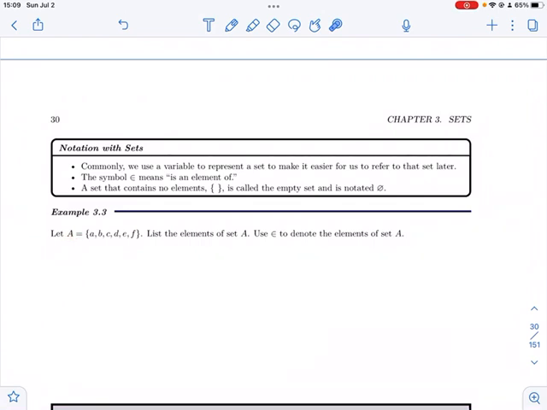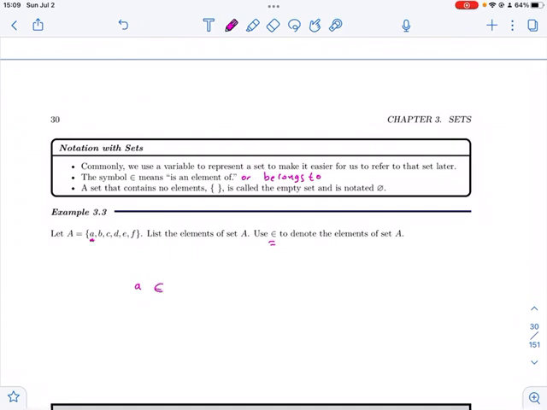Now, this symbol is read "is an element of" or "belongs to." What does that mean? That means an element that belongs to a set. So, for example, little a, this element, belongs to the set A. We can write it this way.